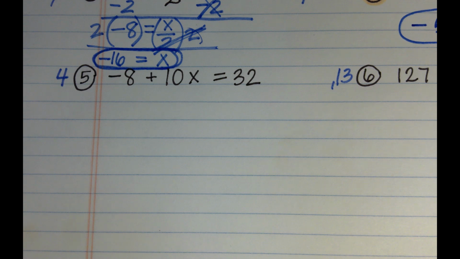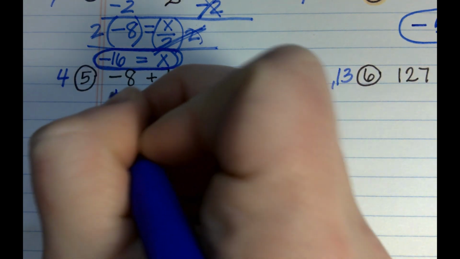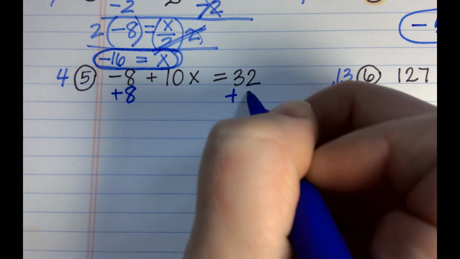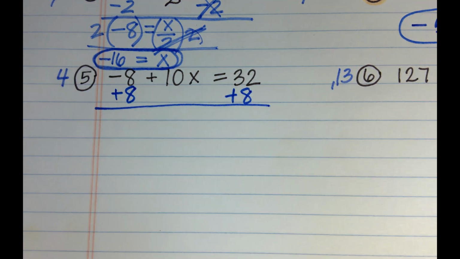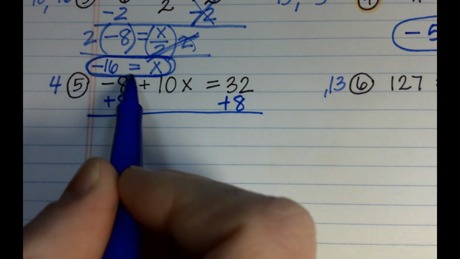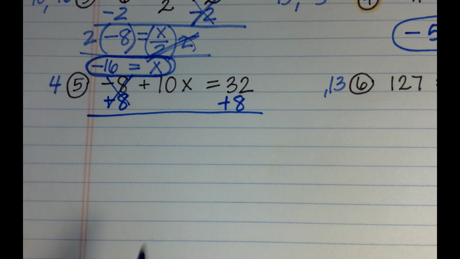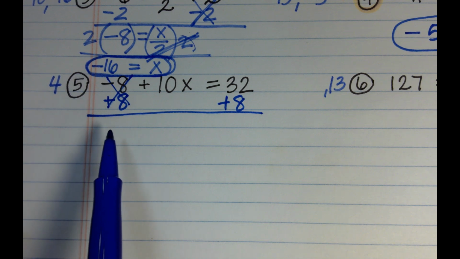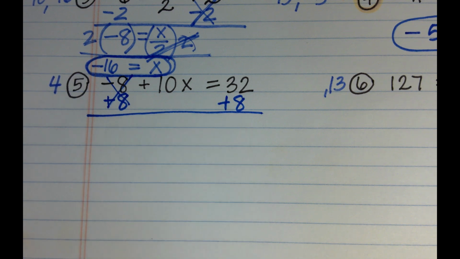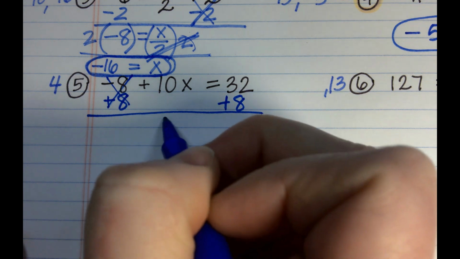Negative 8 plus 10x equals 32. What comes first? Add 8 to both sides. This one's not as insane and intense as the others. What happens next? Bring down the x. Good. Let's bring down our x's.